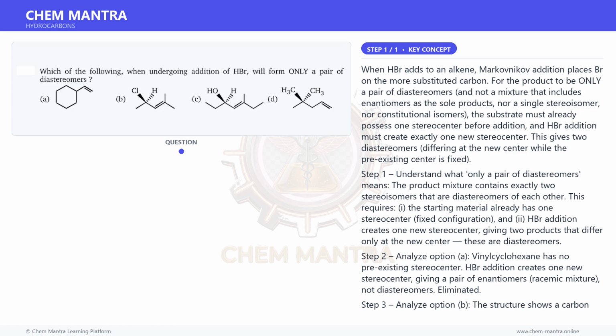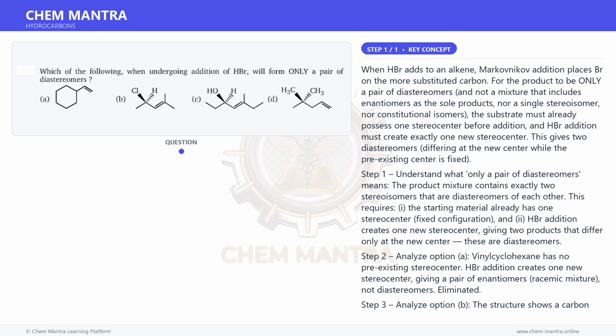Need to check if it actually generates a new stereocenter. The double bond carbons in B are C(CH3)=C(CH3) type. Markovnikov Br goes to the more substituted carbon, which would be tertiary, potentially creating a new chiral center. This seems plausible, but option C is the answer.